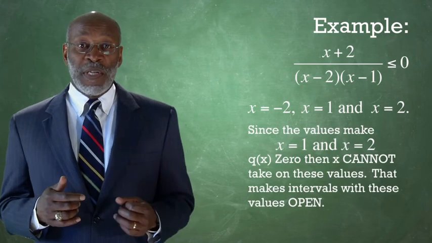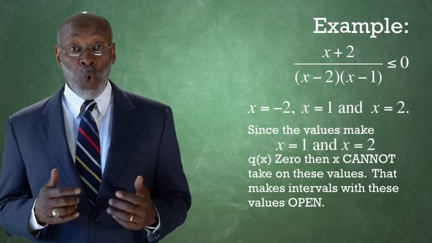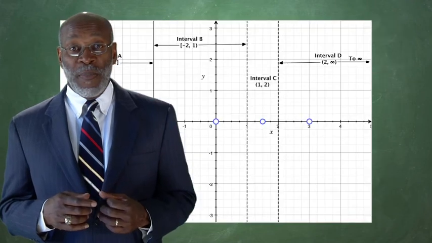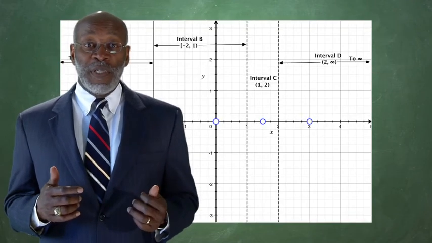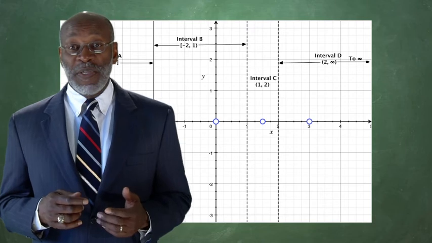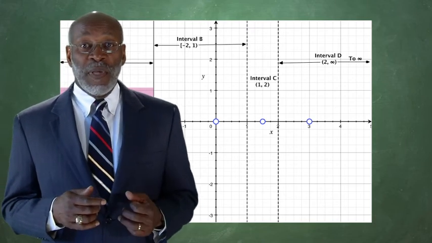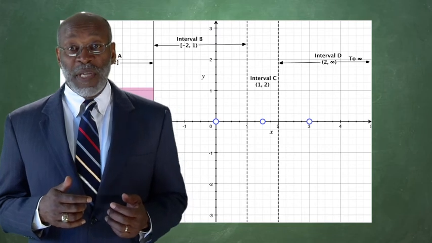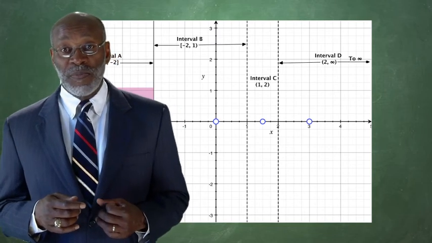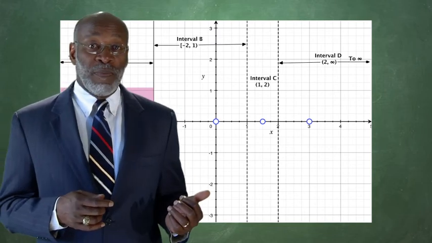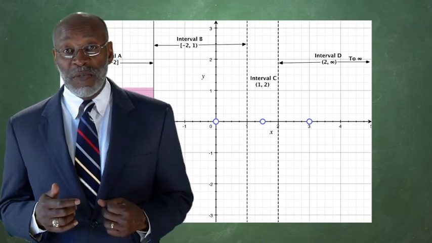That makes the interval with these values open. There are 4 intervals to consider: A, B, C, and D. Interval A is between negative infinity and negative 2. It is open at negative infinity and closed at x equals negative 2.